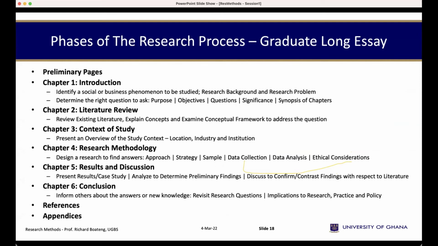So the whole chapter will become theoretical foundations and a research framework. Sometimes that's what we call it, coming after the literature review and before the context of study. Sometimes some supervisors put the context of study before the methodology, others put it after. So you and the supervisor may decide.